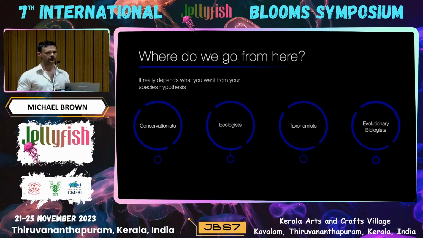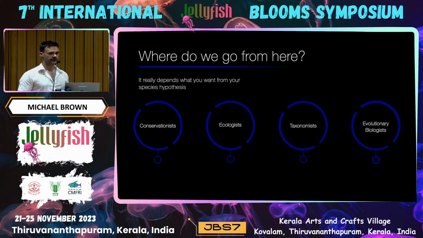And so when we talk about species concepts, we really need to look at the use of those species. So if you're a conservationist and all you're looking to do is conserve an organism in your area, the morphology, if it's being defined by the area, is probably good enough to go on when you're identifying a species.